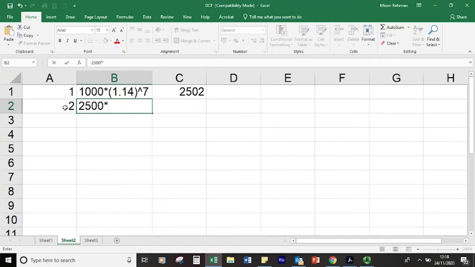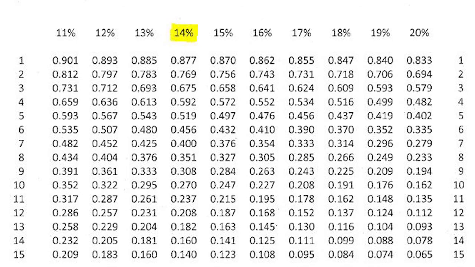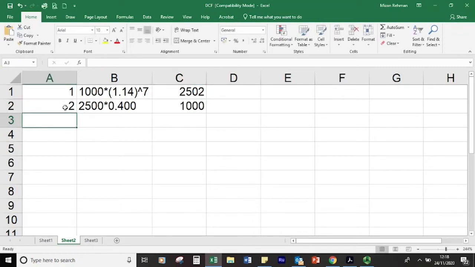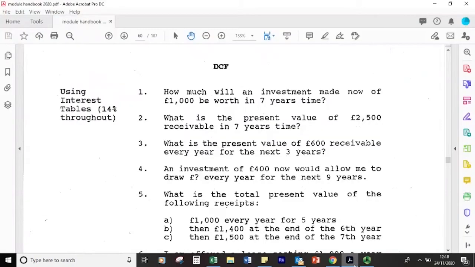So going back to our present value table, not the annuity table, the present value table, under 14% for 7 years, you will see a figure which is 0.400. So if you multiply 2,500 with 0.4, you get 1,000. So very similar. A small difference is there because of the decimal places, so we can ignore this difference. Otherwise, everything is the same.